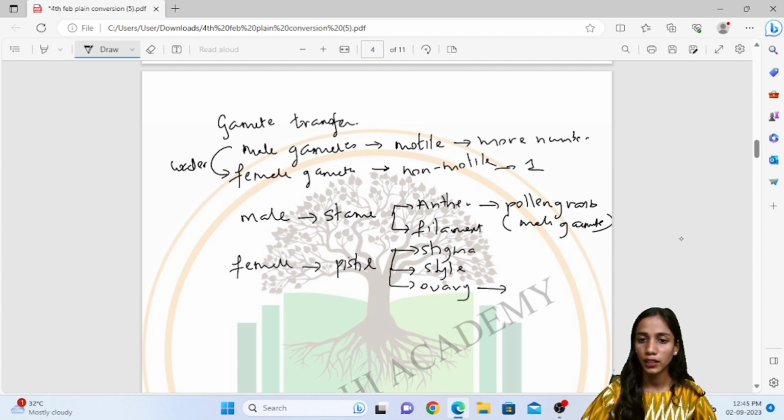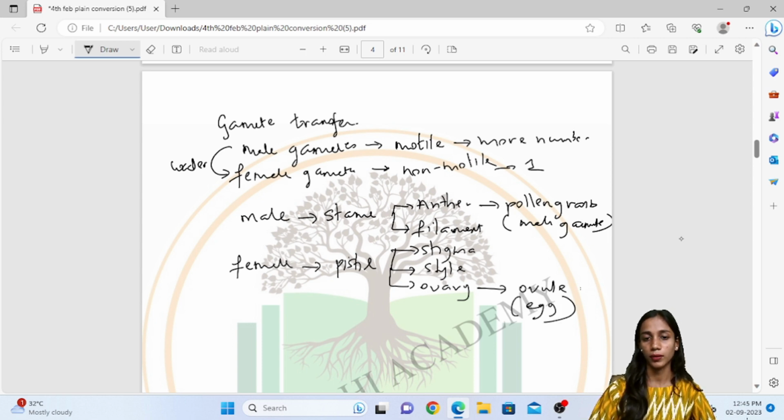In the ovary, there is the ovule which contains the female gamete, that is the egg. The male gamete from the pollen grain present on the anther has to reach the ovule present in the ovary. This is the mechanism of gamete transfer.